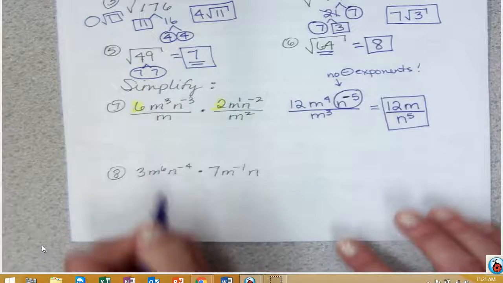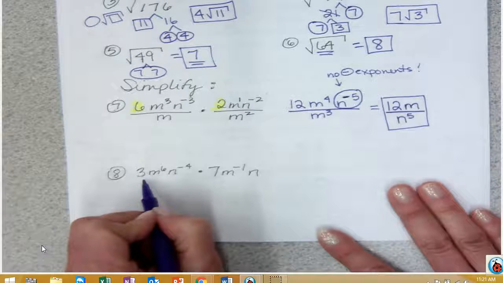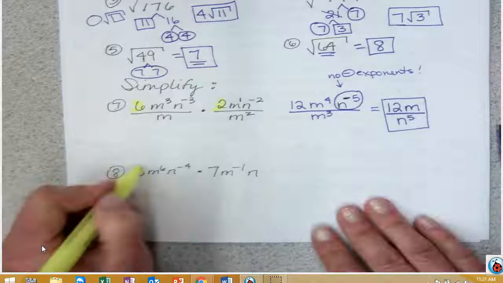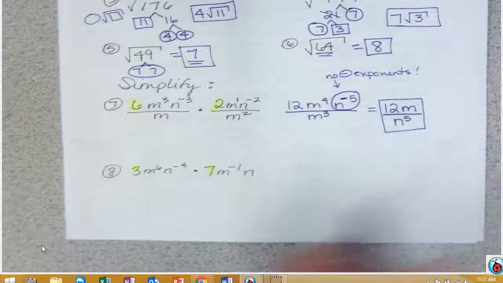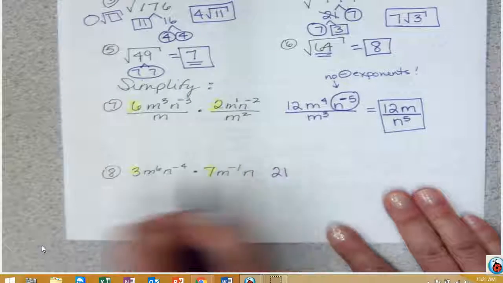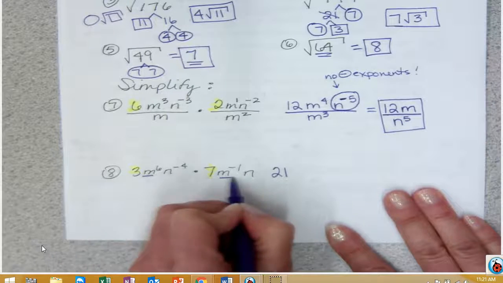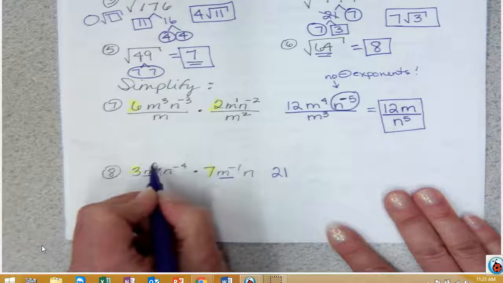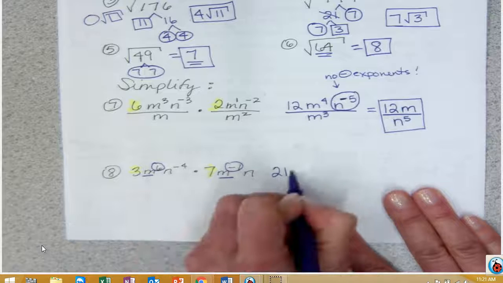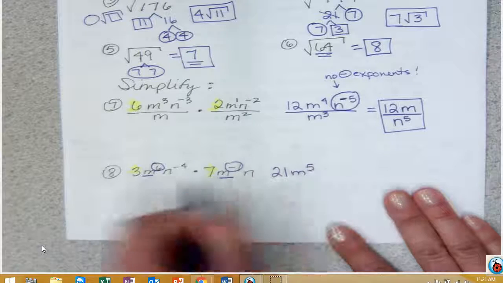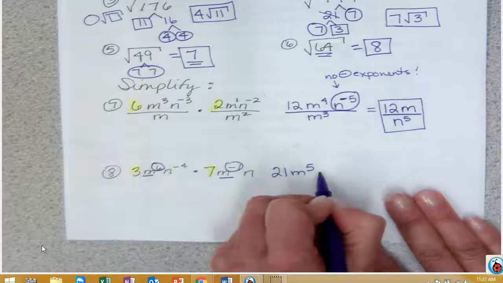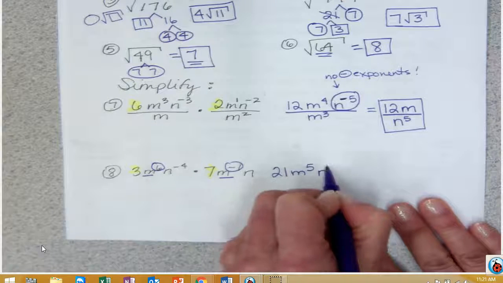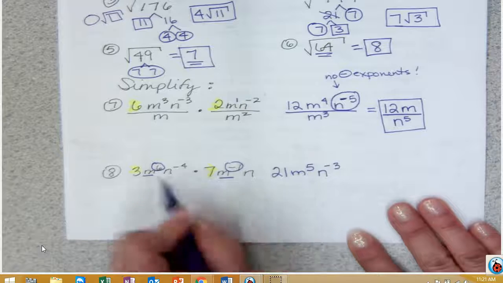Okay. Then we've got your 3 times your 7 is 21. M to the 6th and m to the negative 1. I add my exponents and I get m to the 5th. N to the negative 4 and n to the 1 would give me n to the negative 3.